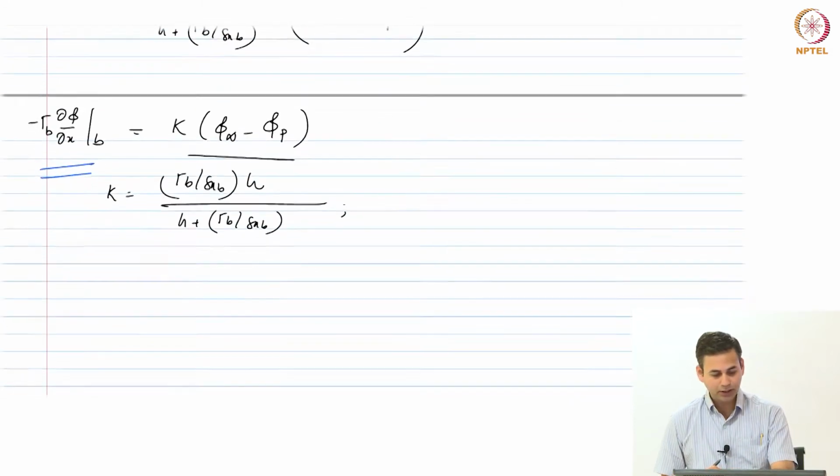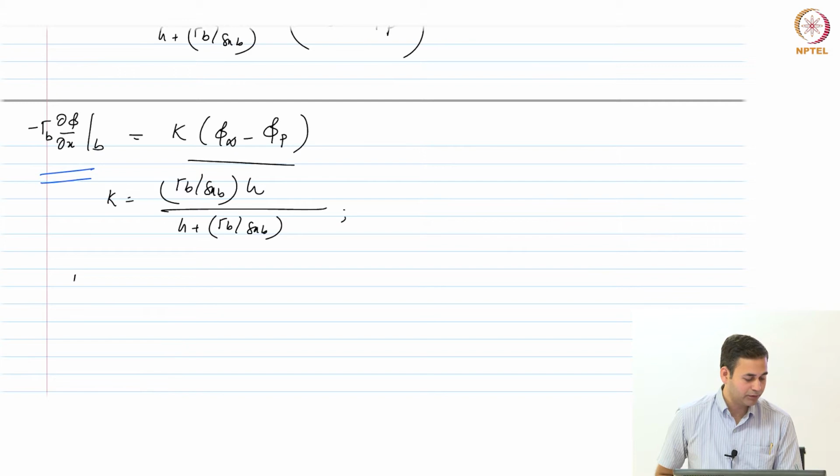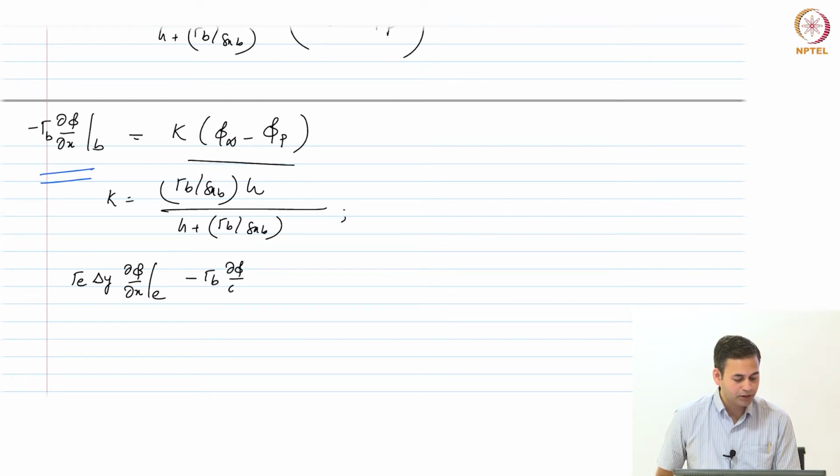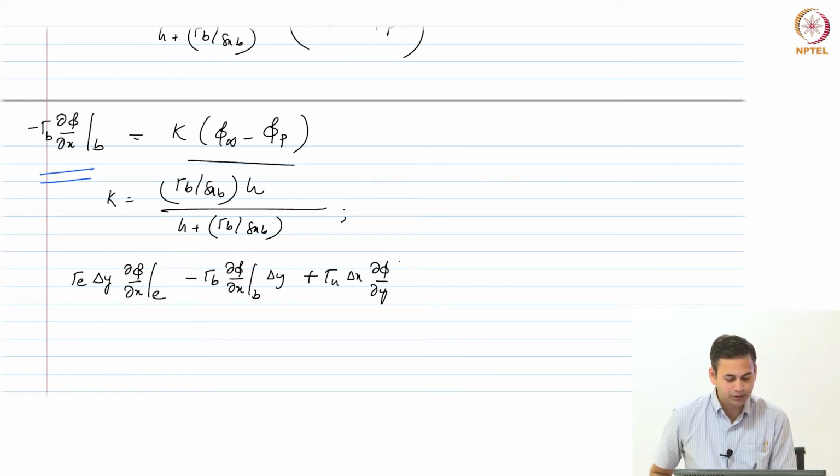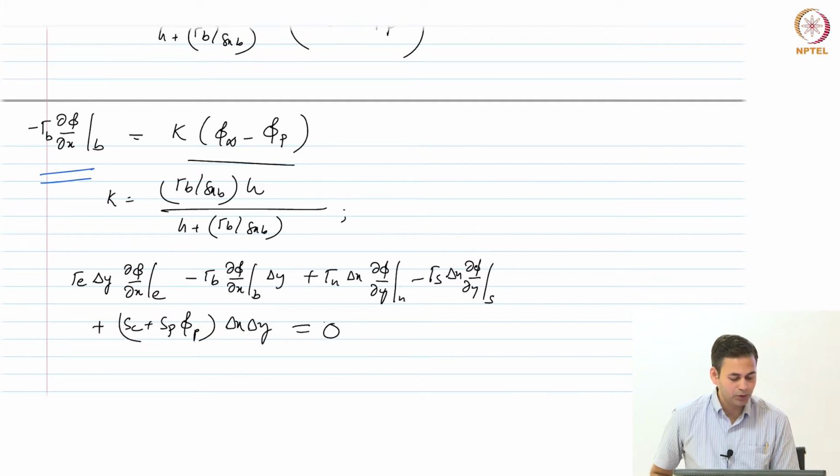So if we go back to the discrete equation, the equation we have is gamma east A east, right? That's what we have. So A east is basically delta y partial phi partial x east minus gamma b partial phi partial x b times delta y plus gamma north delta x partial phi partial y north minus gamma south delta x partial phi partial y south plus SC plus SP phi p times delta x delta y equals 0, right?